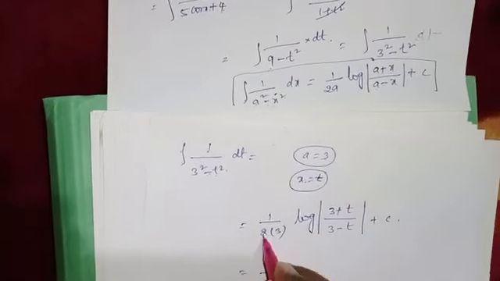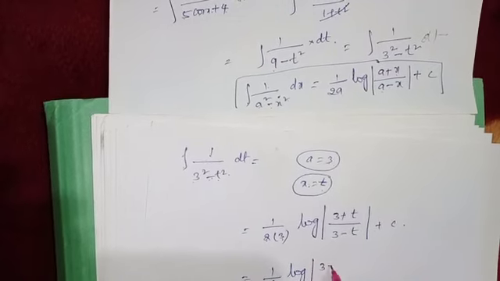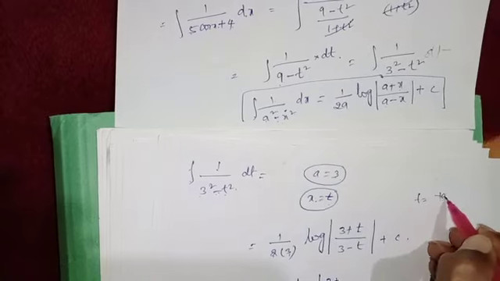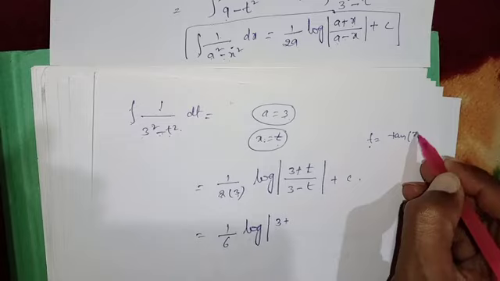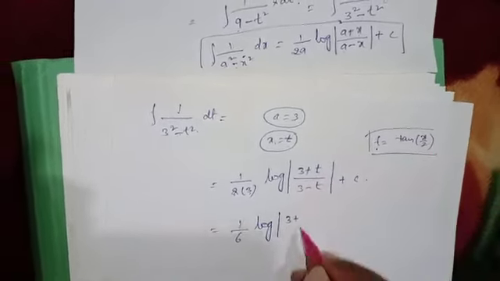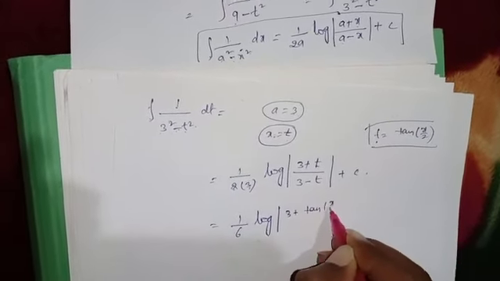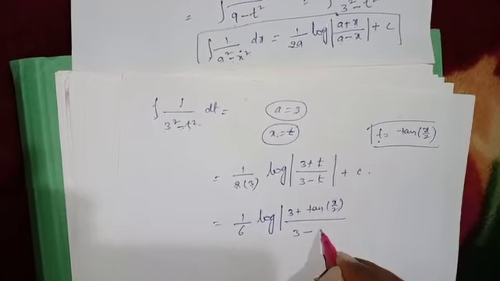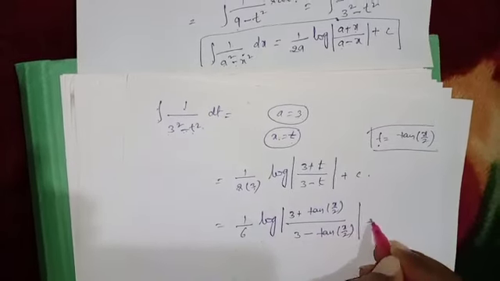That is equal to 1 by 6 log of mod 3 plus t. But actually the t value is tan of x by 2. Substitute t is equal to tan of x by 2. 3 plus tan of x by 2 whole upon 3 minus tan of x by 2, close the mod, plus c.